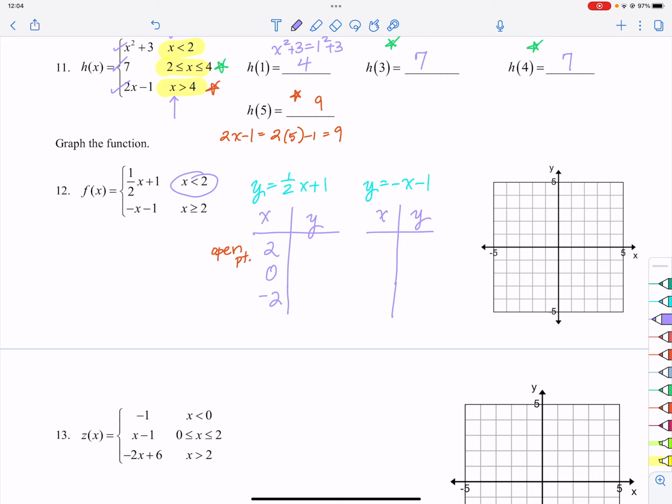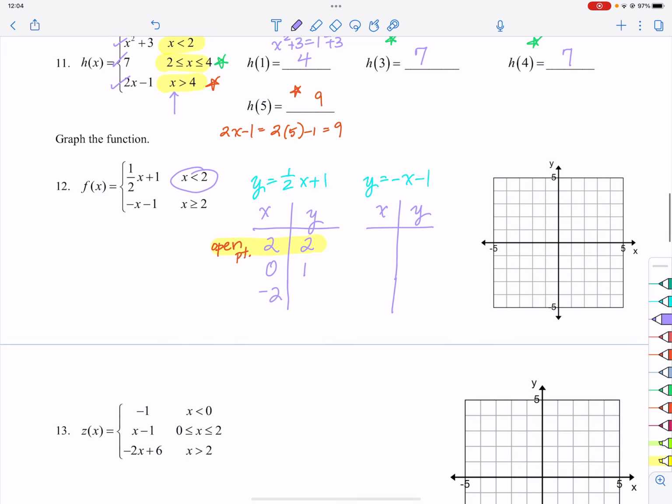So 1/2 of 2 is 1. When x is equal to 2, that's 1 plus 1, and we will have 2. And there's an open point there. I'll highlight that. When x is 0, y is 1, and when x is -2, we have 0.